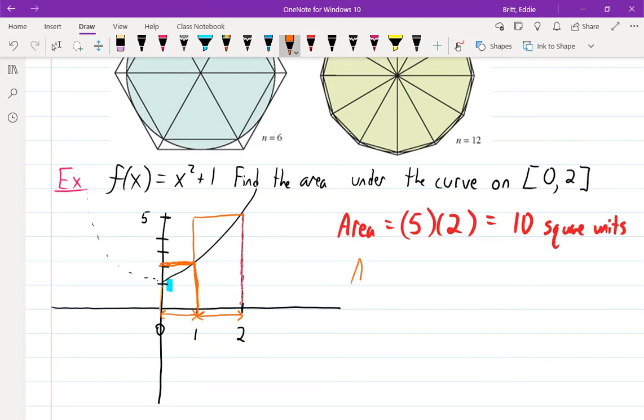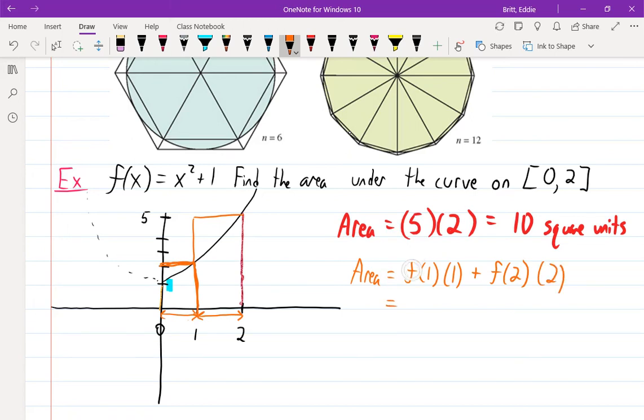Okay? So this area would be equal to, I've got to get the height of this rectangle, so I'd say f of 1, I'm going to start using a little notation here, times the delta x, or the change in x, which is the width, so times 1, plus the height of this rectangle here, which is f of 2, times the width of this rectangle, which is 2.